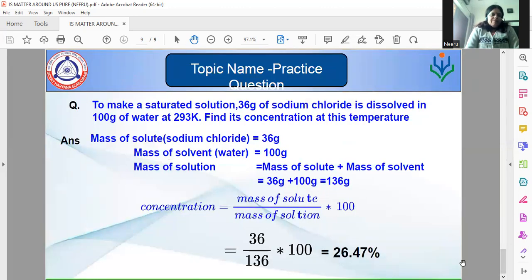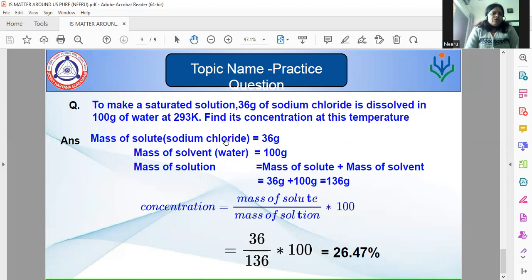Now we can take one example of how to find the concentration of a solution. As I mentioned in the earlier slide, we can find it using the amount of solute and the amount of solution multiplied by 100. See, here I have taken one example from your textbook. To make a saturated solution, 36 grams of sodium chloride is dissolved in 100 grams of water at 293 Kelvin. Find its concentration at this temperature.